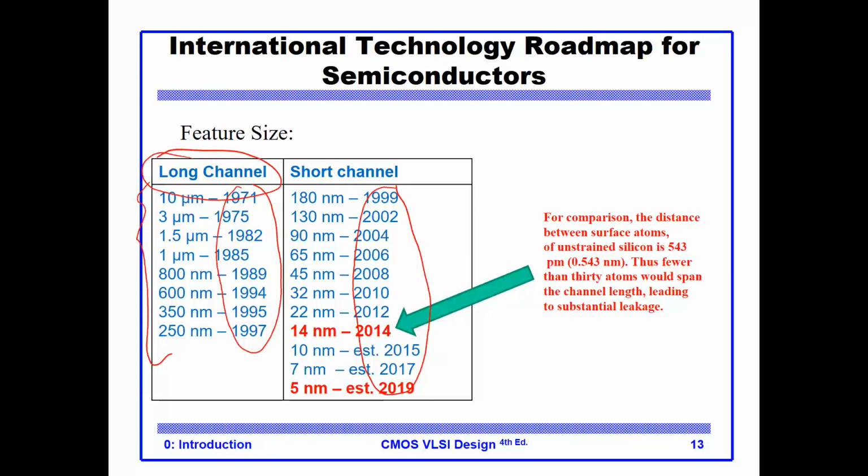And when the feature size is less than a quarter of a micron, we call those short channel. This will enable us to understand some of the rules and formulas, which will differ between long channel and short channel. Observe right now that we should be around 5 nanometers, but I should say that the decay here in the feature size has faced some technological issues that have slowed it down a bit.